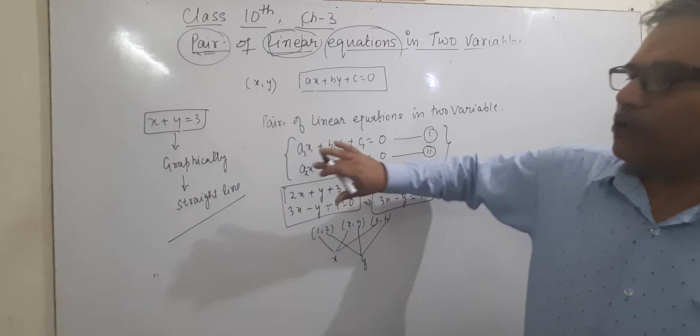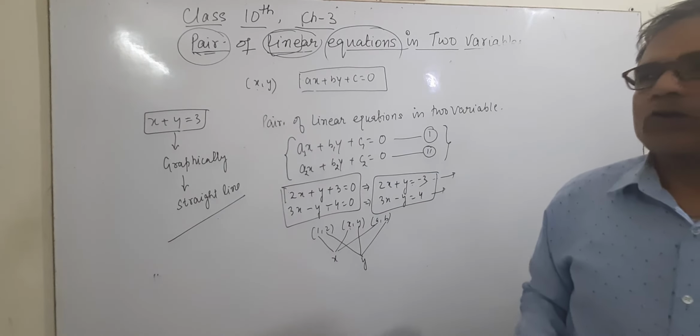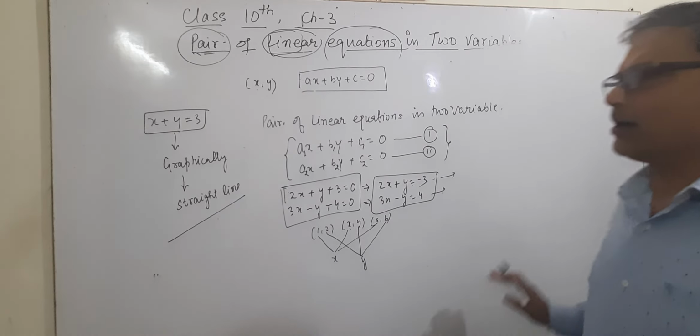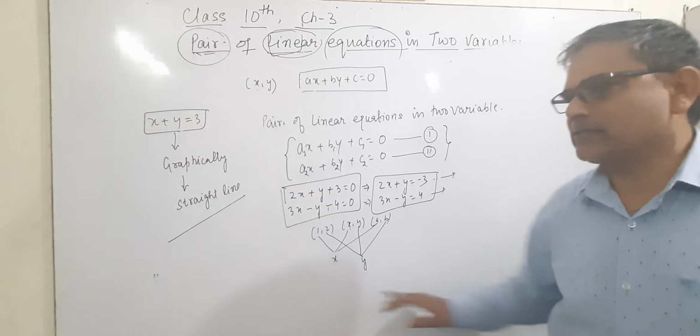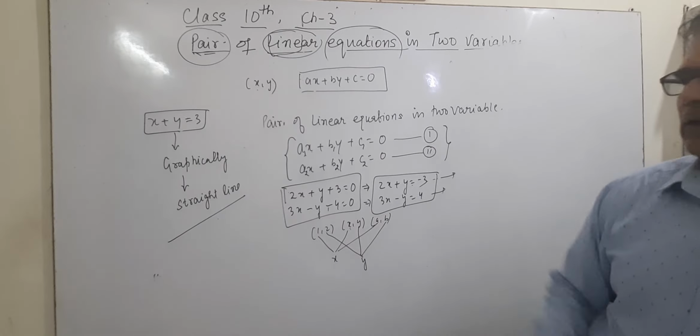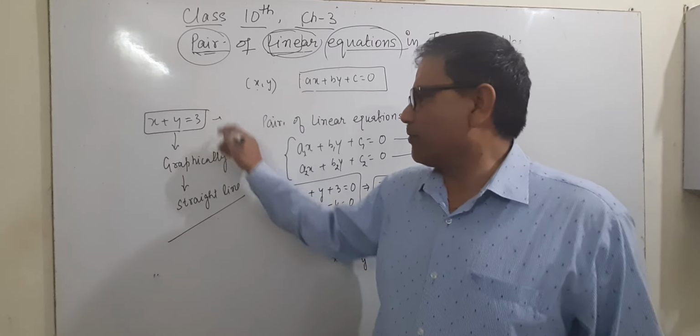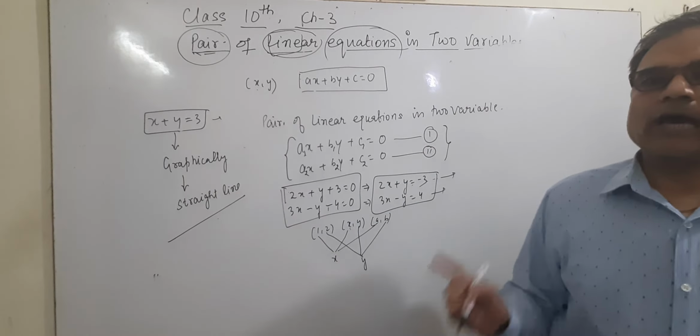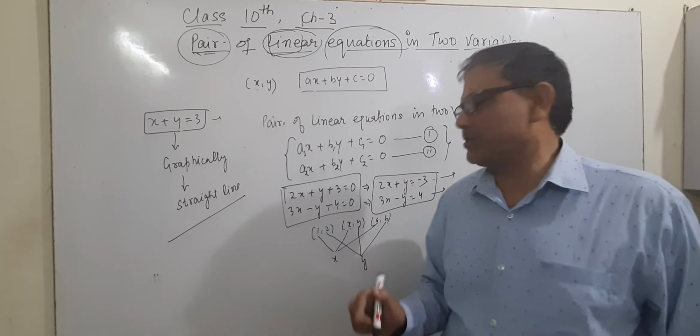The face of the board is the Cartesian plane, which is a two-dimensional figure, meaning x and y. We can represent this graph on a Cartesian plane having only two dimensions.